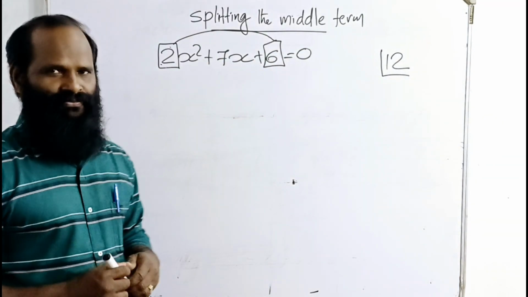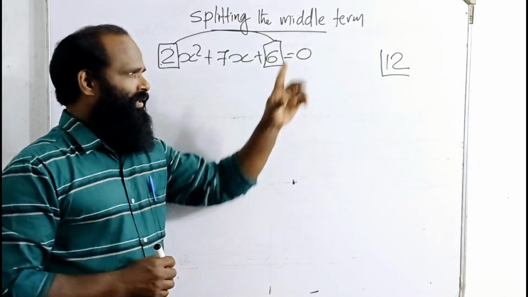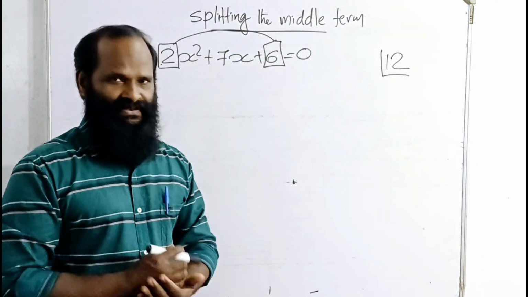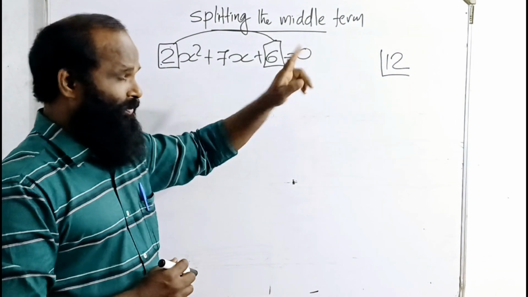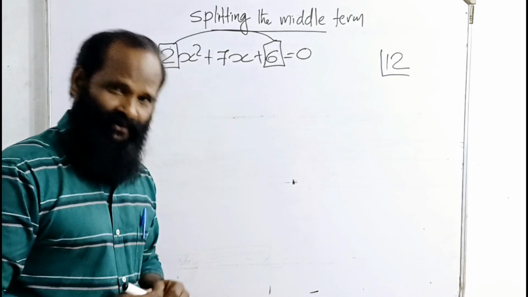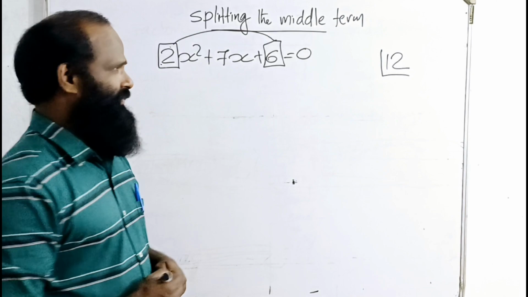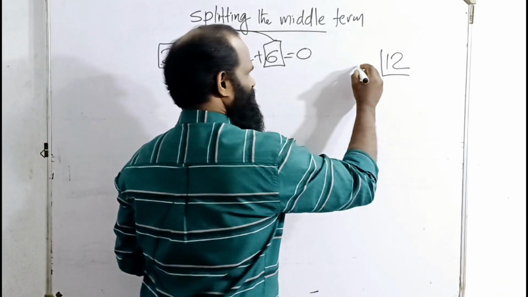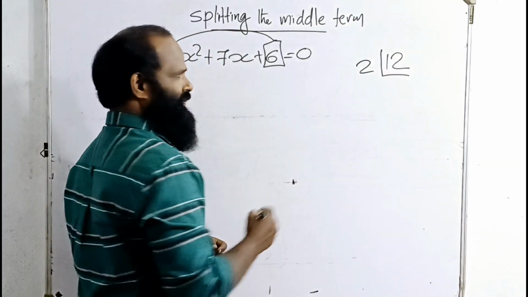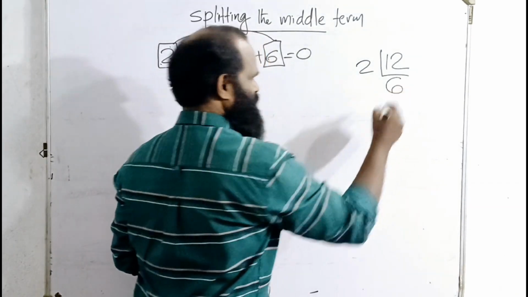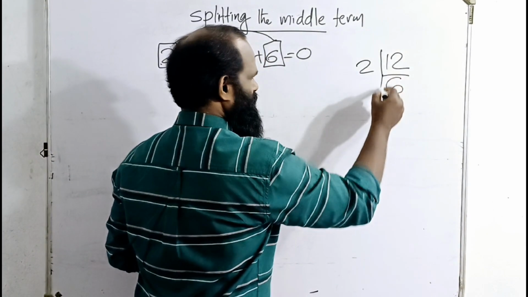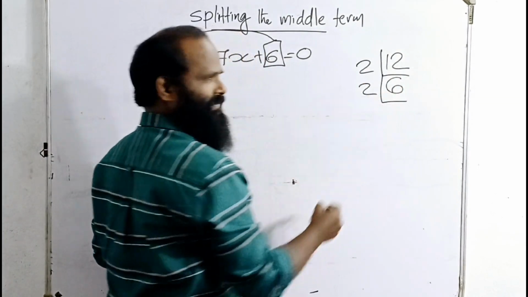What shall we do now? This product should be factorized. Why? Let us see that. Let us first factorize this number. Let's start with 2. There are 6 2's in 12. We shall go for 2 again.